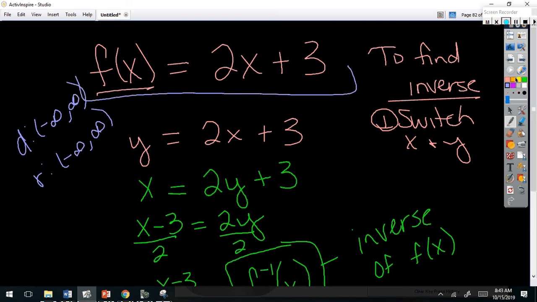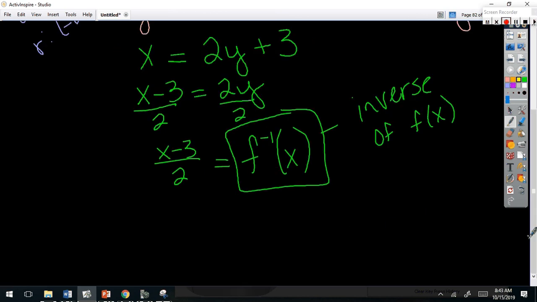Domain describes left to right, which is x, and range describes y, or up and down. So if inverse switches x and y, then the inverse also switches the domain and range. Does that make sense? This one is not a very good example because they're the same, but I'm going to show you on the next one.